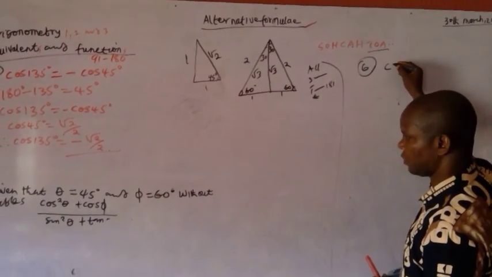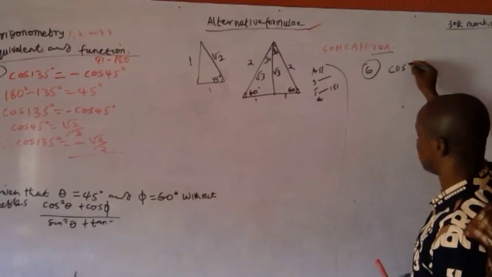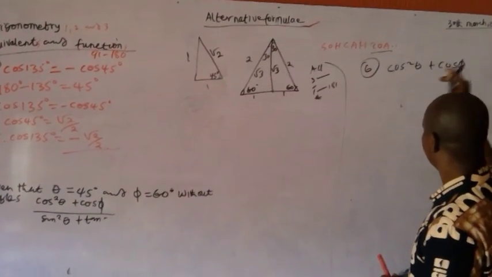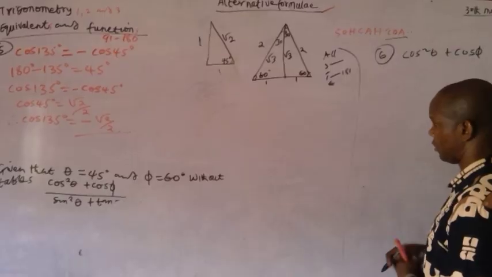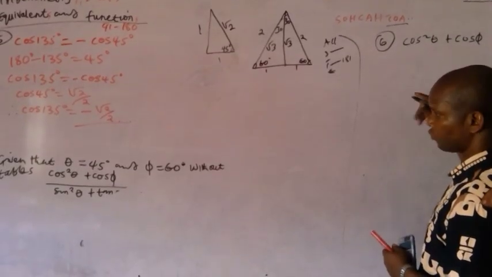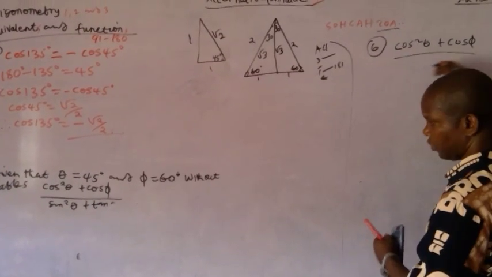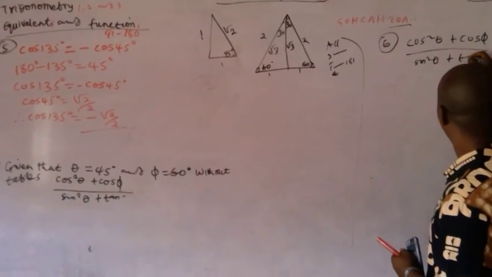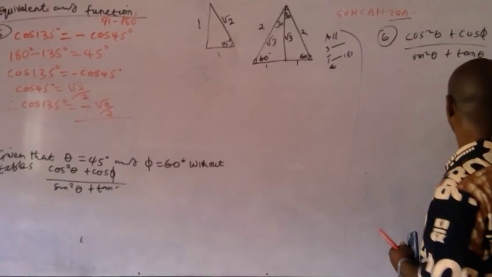Cos squared theta plus, based on what you are given. So it's not a big deal. Okay, so all over sine squared theta plus tan theta.